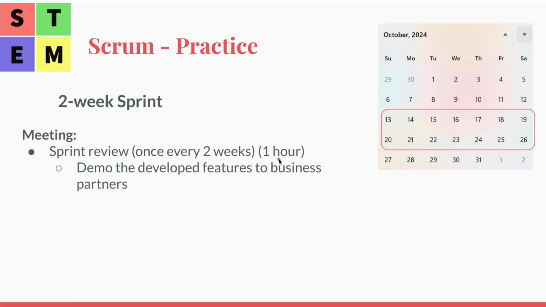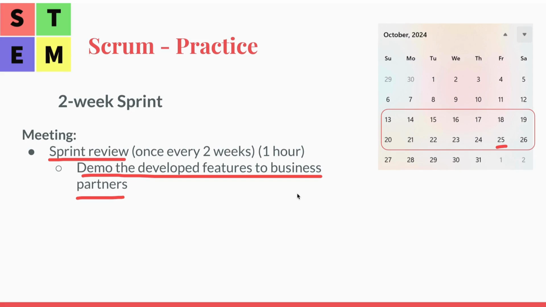And at the end of sprint, we'll have sprint review meeting. Usually on Friday here, we're going to demo the developed feature to business partners, so that we're going to review the result and move to the next sprint. Business partners will provide feedbacks, which could be additional product backlog items that we add to the product backlog list.